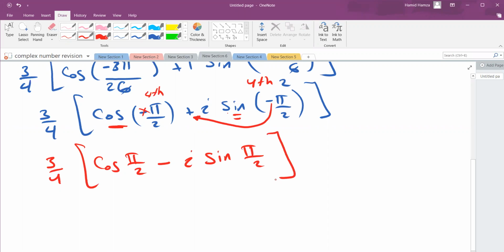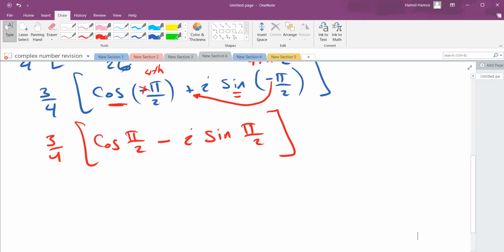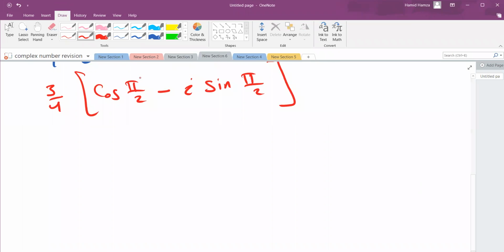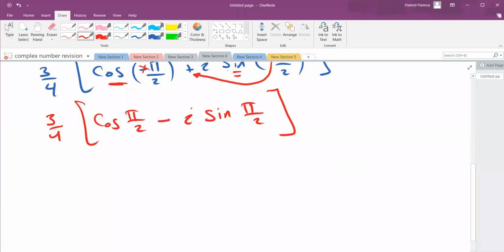So this is the angle. Now we wanted to write it in rectangular form. Do you remember the value of pi over 2? Pi over 2 is 90. So cosine 90 is 0, so this part will be 0.